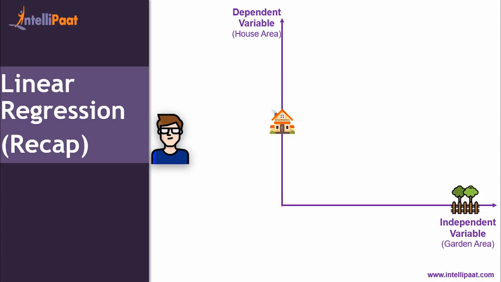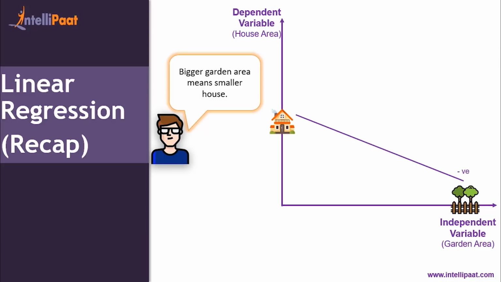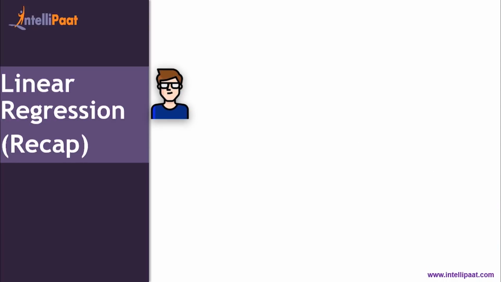But now your demand is that you want a bigger garden area. So if the size of the property is fixed and you increase the size of the garden, then obviously you have to reduce the size of your house, right? So in this case, if you try to plot a regression line, you'd get a negative regression line, right? Bigger garden area means smaller house, right?